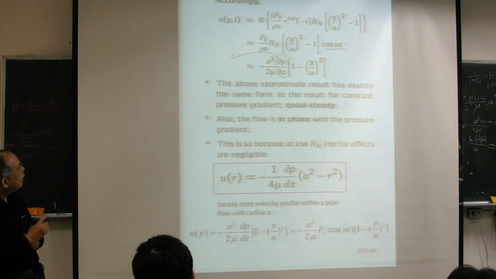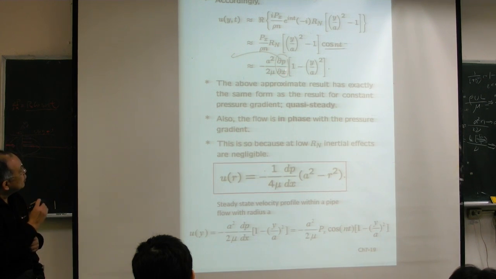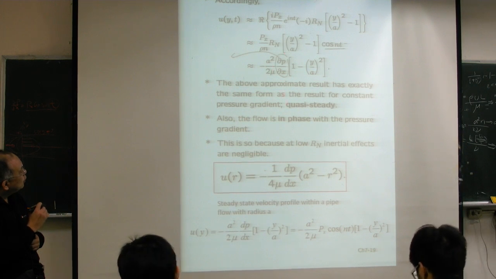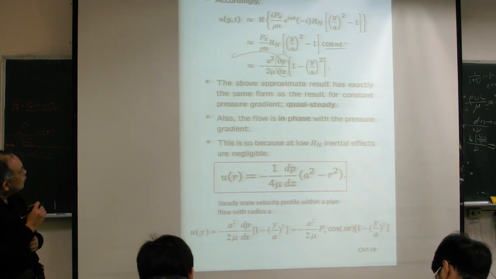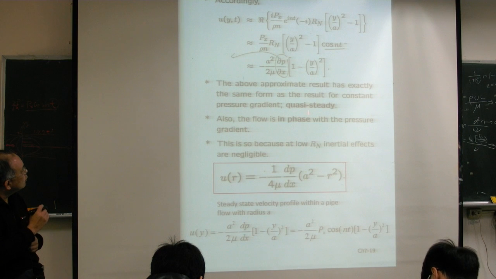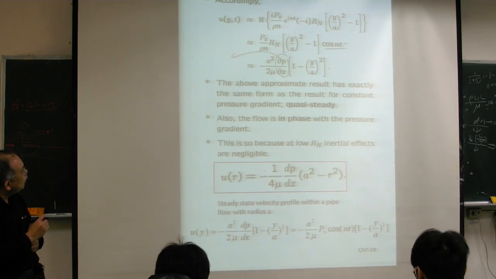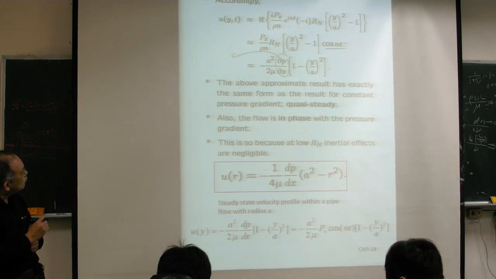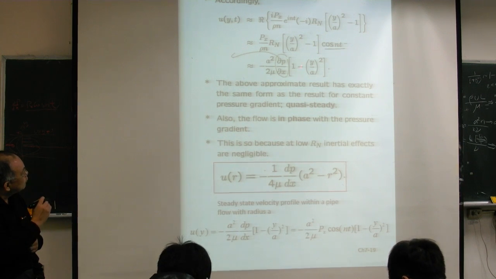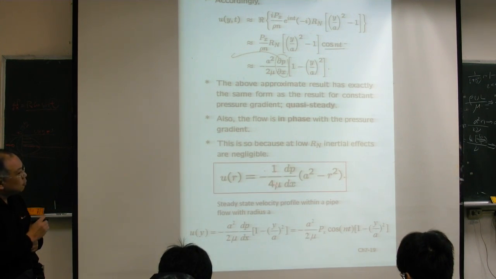If you compare these two, you can see this term and this term are almost the same. If I take a squared out of here, it is 1 minus r squared over a squared. So this is similar to here, and everything is very similar.